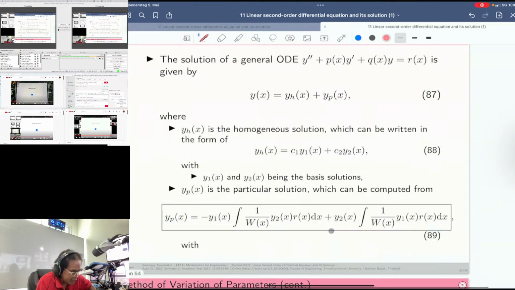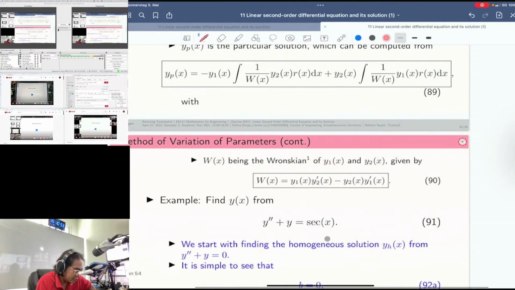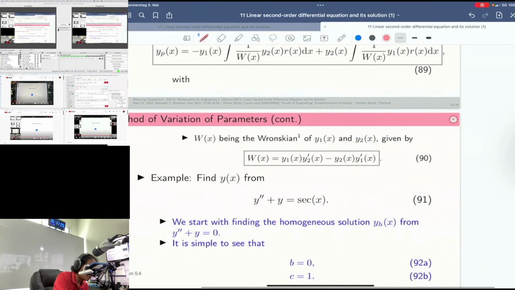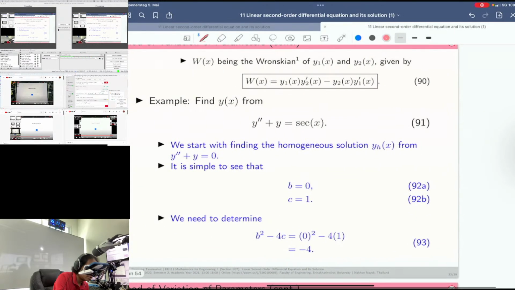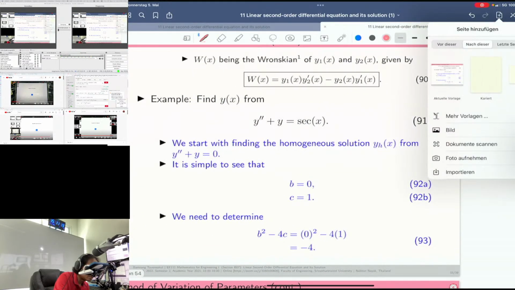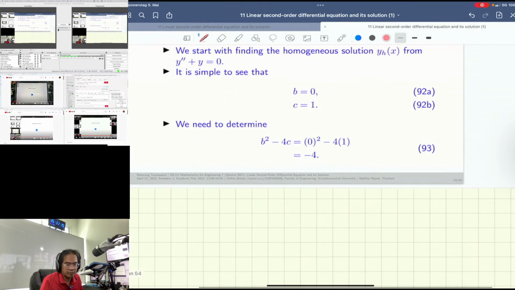Once you get familiar with this, let's try to use the expression here on this example. y double prime plus y equal to secant of that function. Let's open a new page.